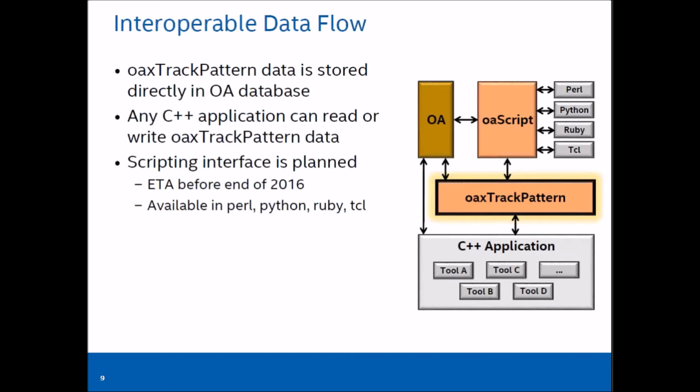And that extension in turn also interacts with OpenAccess. So it's intended to be very smooth and integrate very well into an OA-based application. We're also planning to have OA script extensions to make that available in Perl, Python, Ruby, or Tcl as well. And we're planning a first cut of this before the end of the year, if possible.